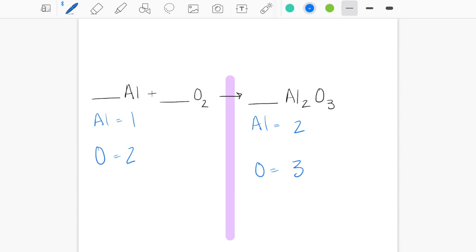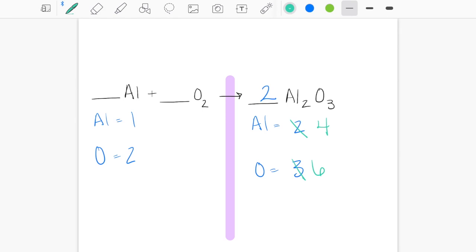For 3 oxygen and 2 oxygen, their least common multiple would be 6. In order to get 6 on the product side, I'd have to use the coefficient 2. So I'll change this to now 4, and then 2 times my oxygen would give me 6.